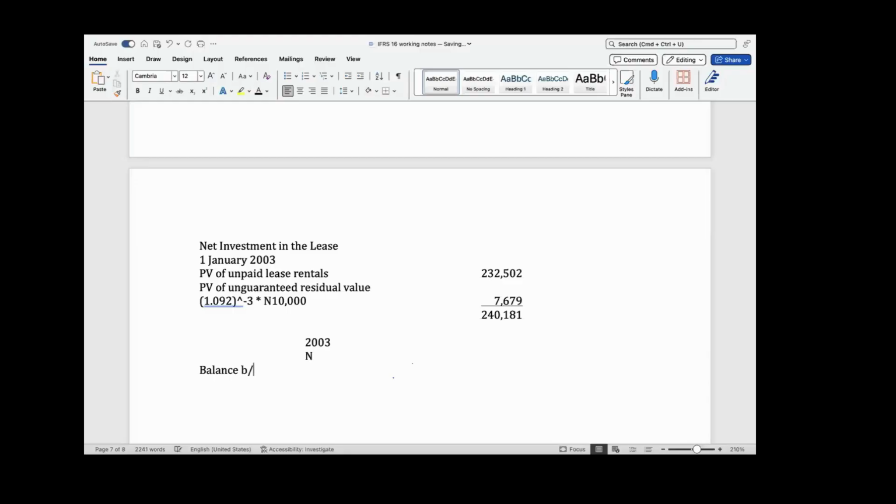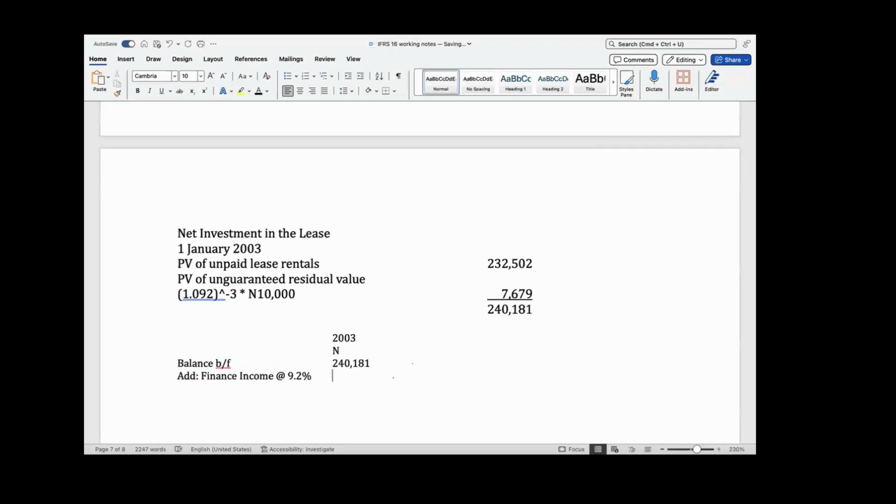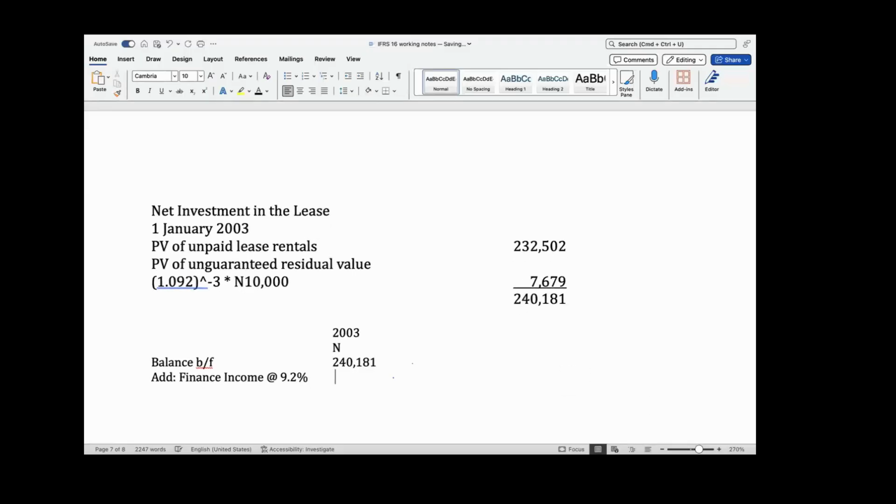So the balance brought forward is 240,181. Since the payment is made in arrears, I will add my finance income at 9.2%. So how much does that give me? 22,097 approximate.